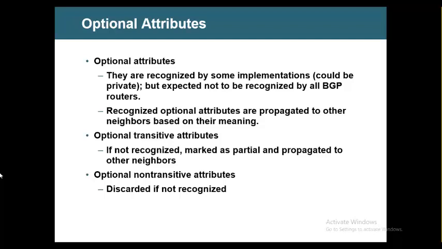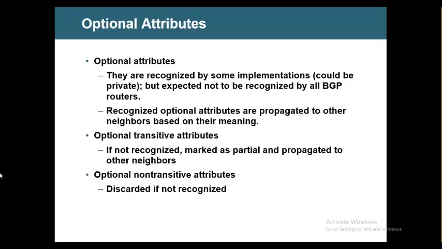Anyway, Cisco is not going to know about that vendor's optional attribute. Cisco routers are going to send the update. But when the update is received by the other vendor device, if it still accepts the packet, then it is optional transitive. If it says, no, no, no, I want to see the attribute, otherwise I will ignore, then it is optional non-transitive.